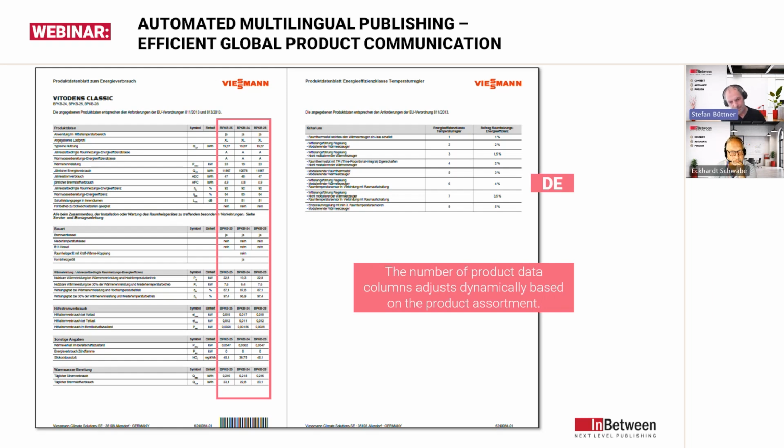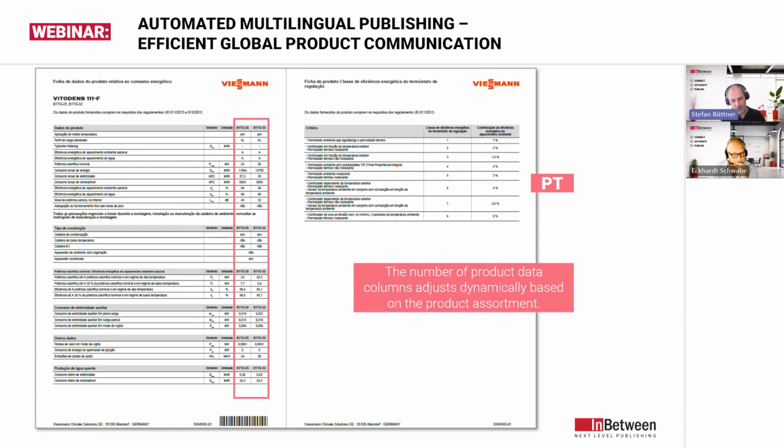And on the next page, you will see the same product for the Portuguese market. For Portugal, we have only 2 variants, and so the layout is dynamic. So only 2 columns will show up in that version of the datasheet here.